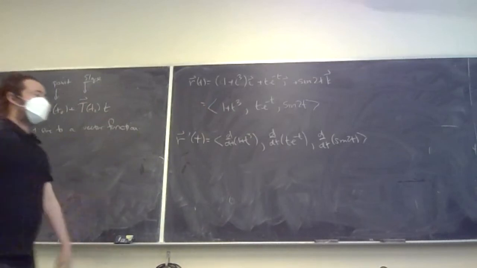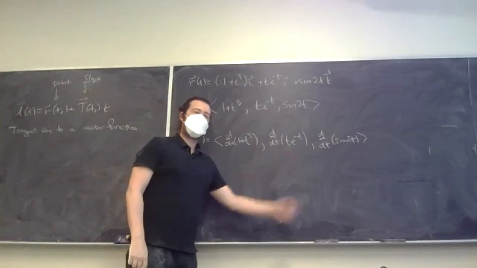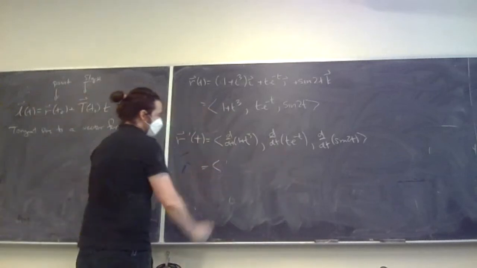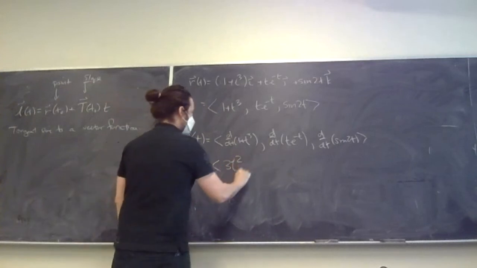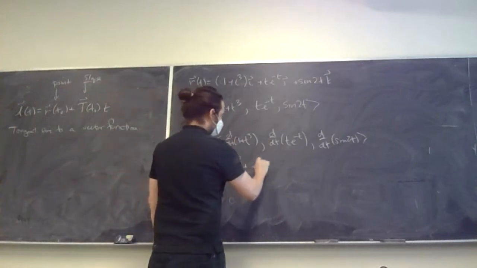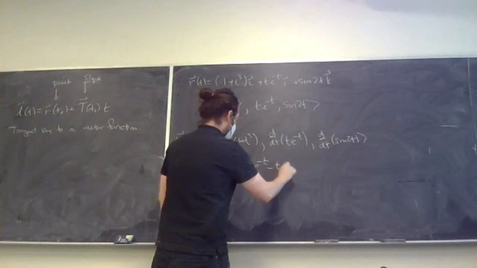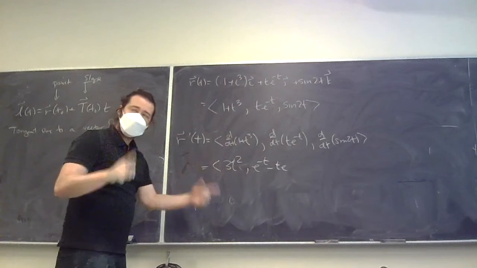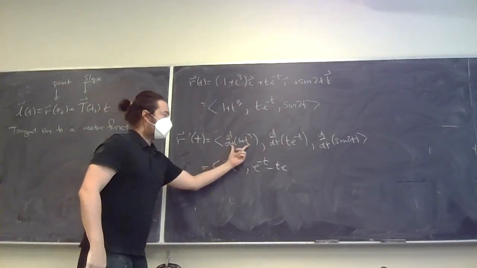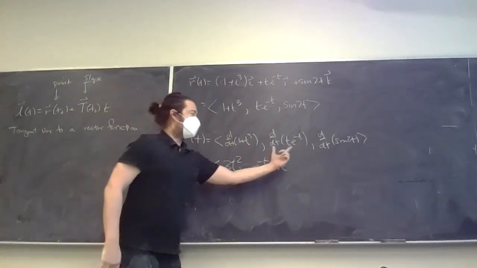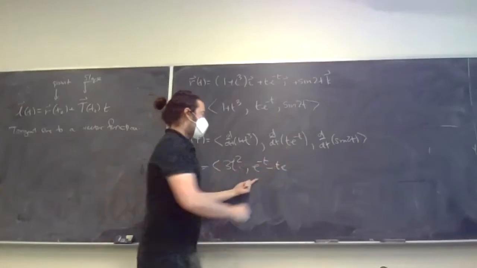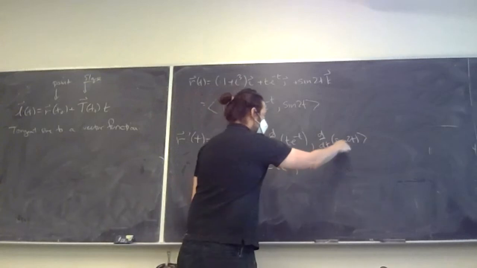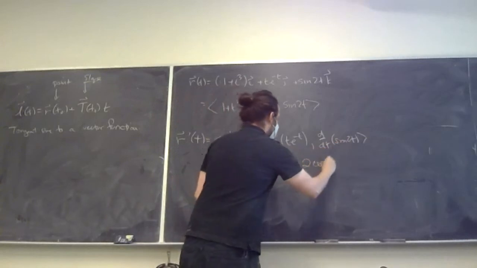So annoying things like the product rule continue to be active. In this case, you're going to get 3t squared, e to the minus t minus t e to the minus t, and 2 cosine of 2t. Each component gets its own piece of the derivative, because the derivative is a vector.